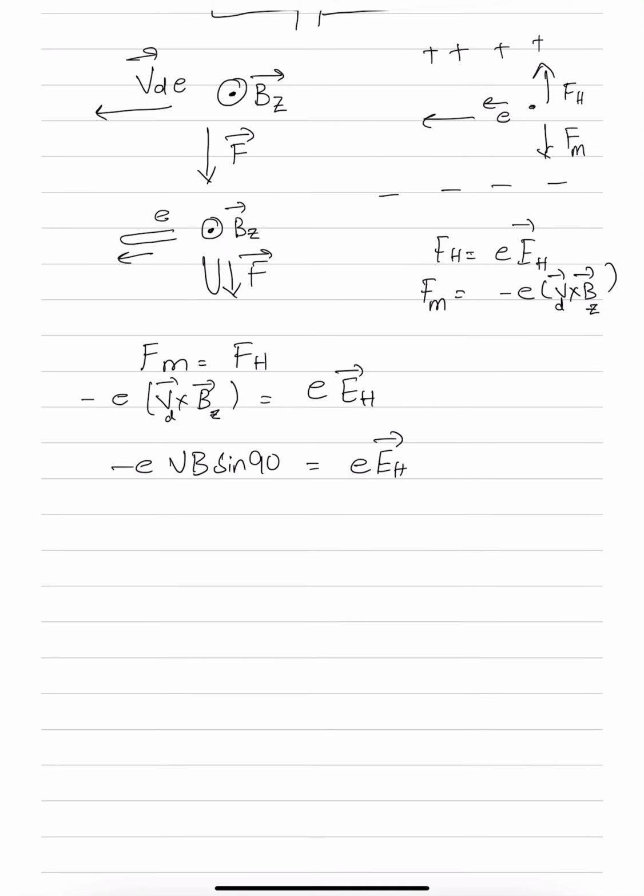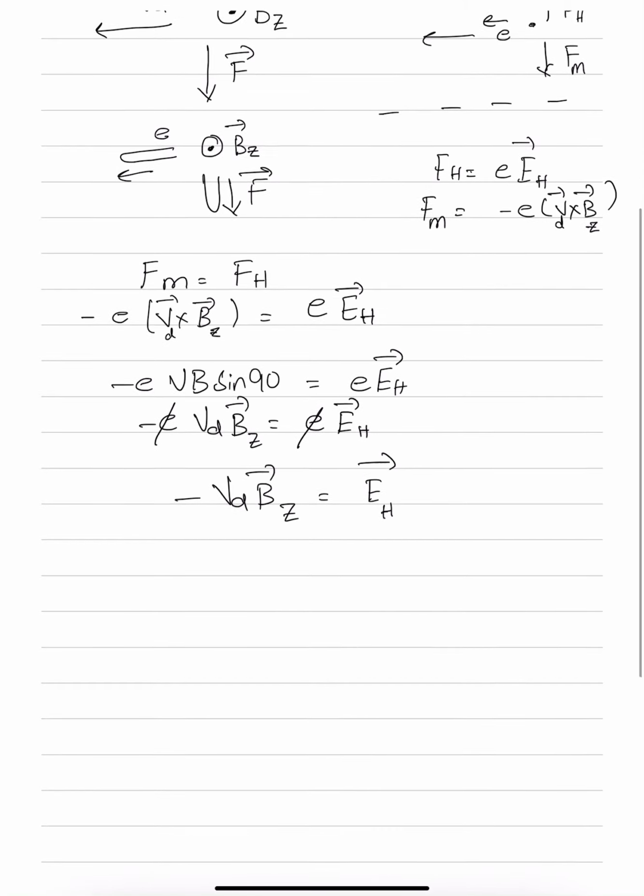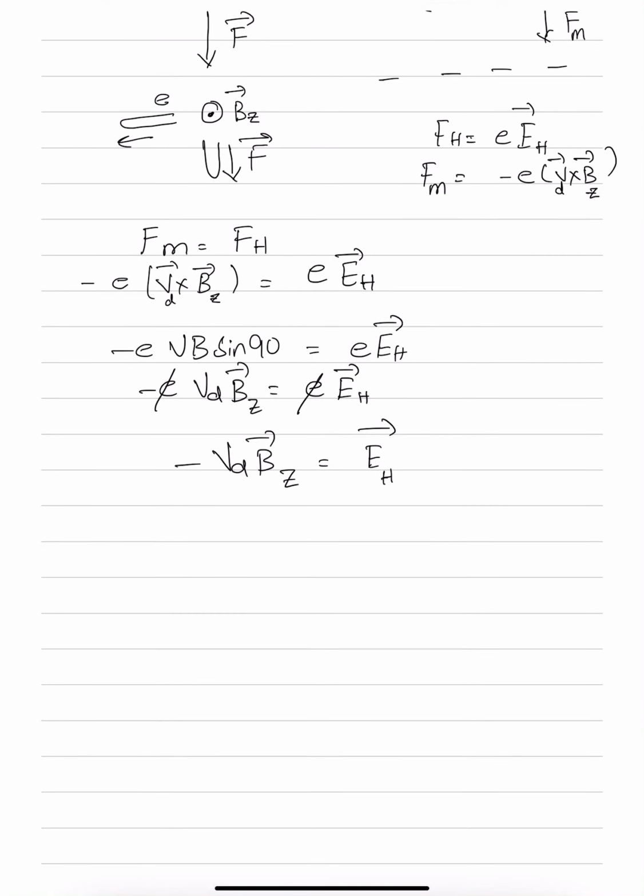So this will be e Vd B equal to e EH. The e will cancel out, so we have Vd Bz equal to EH. So this is the Hall EMF, EH, which should be a subscript. So the Hall EMF EH is equal to Vd Bz. This will be equation 1.